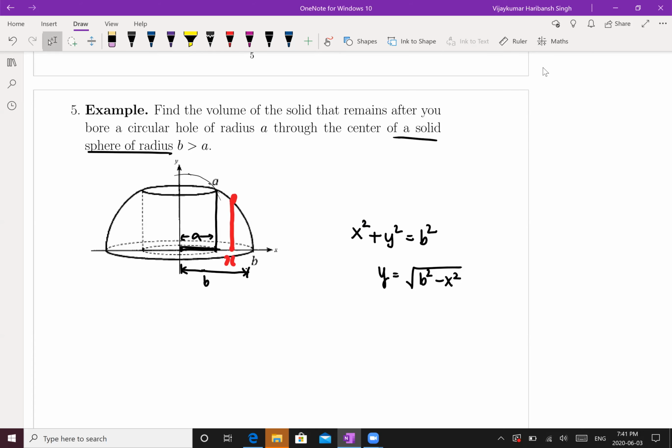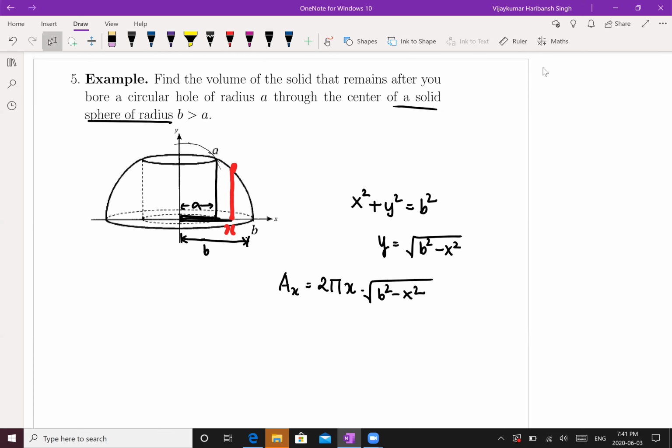So what is my A of x? A of x is going to be 2 pi times this width, which is x, times f of x, which is square root of b squared minus x squared. And where are we integrating it from? From A to B only, right? Because this is the region we are rotating around.